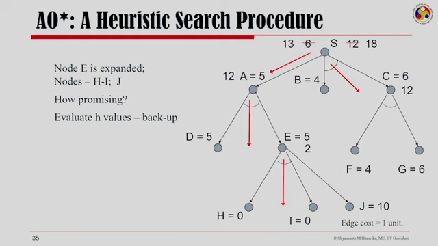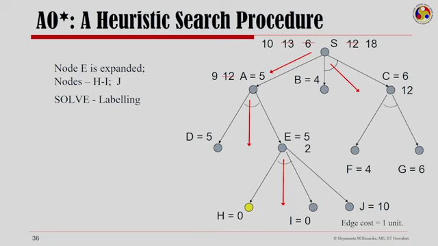If the estimate of E is revised to 2, then 5 plus 2 is 7, plus 2 is 9, and the estimate of A would be revised to 9. Once the estimate of A is revised to 9, 9 plus 1, the estimate at the top would be revised to 10. Once this revision is over, now we will look for solve labeling.